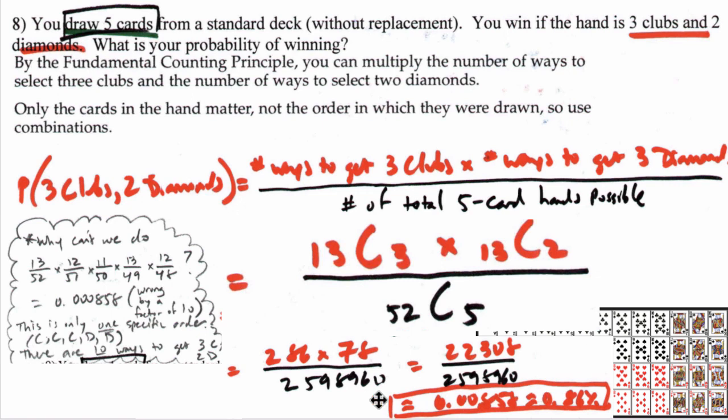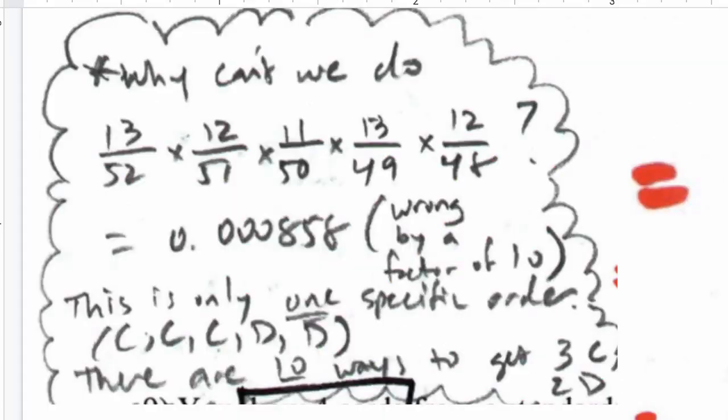Now, something that confused me earlier when I was learning this: why can't we do this? 13 out of 52, so this would get you your first club, times 12 out of 51, your second club, times 11 out of 50, your third club, times, and then since I want diamonds next, 13 out of 49, because there's 13 diamonds left out of 49 cards, times 12 out of 48, right?